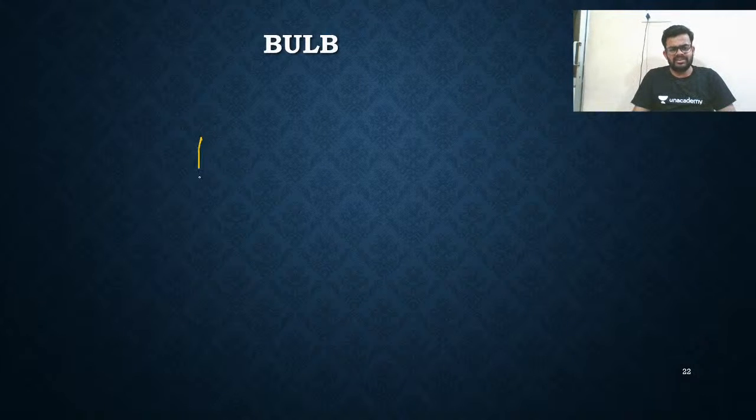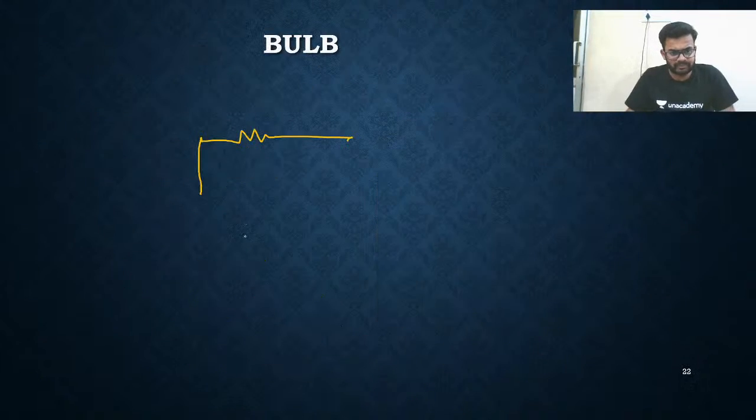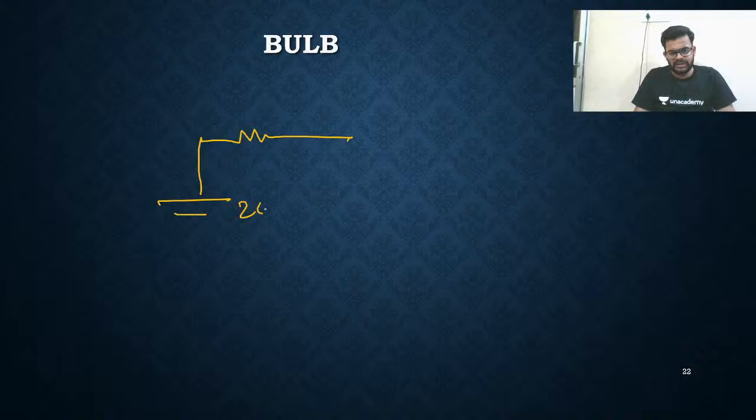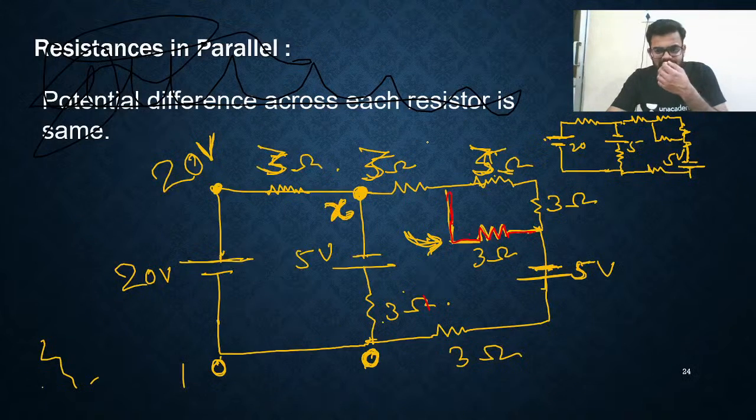So simply I can say here is a 3 ohm resistance, no problem. Now this is 20 volt, this is 5 volt, and here is also 3 ohm. Now I'll add all the resistance in the third branch.